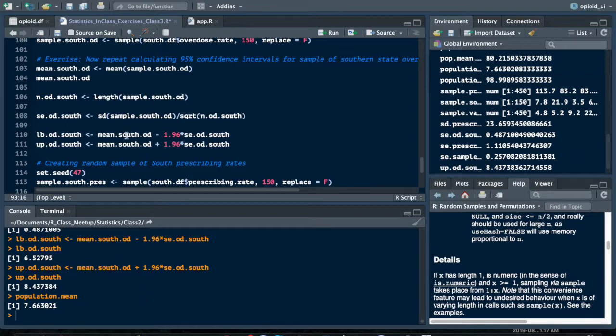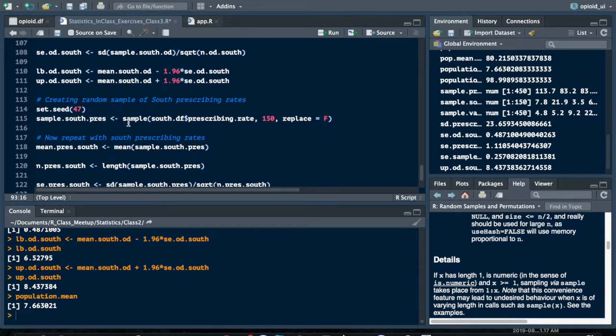But 5% of the time, there would be random error where it did not. Most of the time, we don't have our population mean, but in this case we do, so we can demonstrate what is going on with this confidence interval.